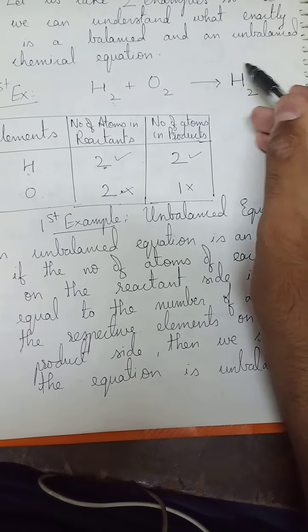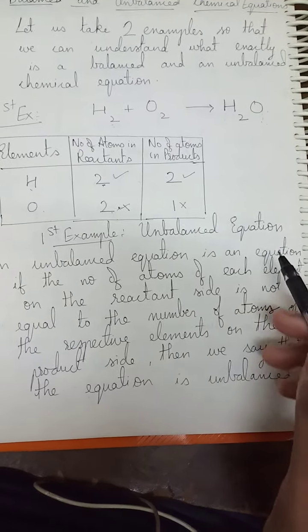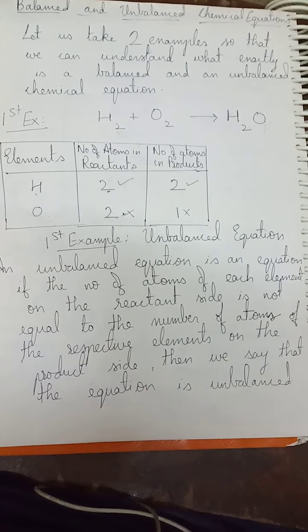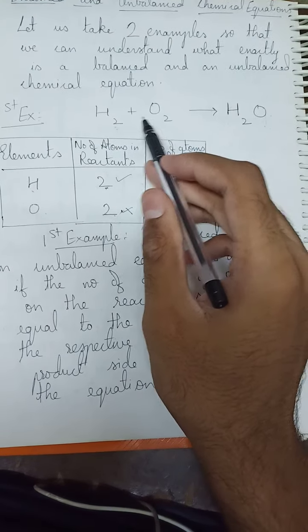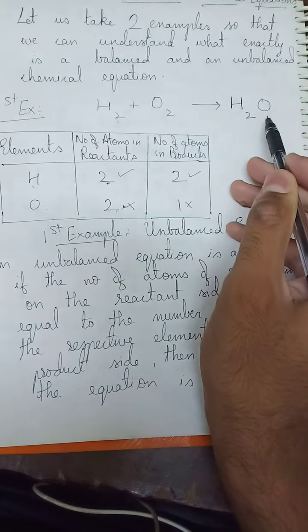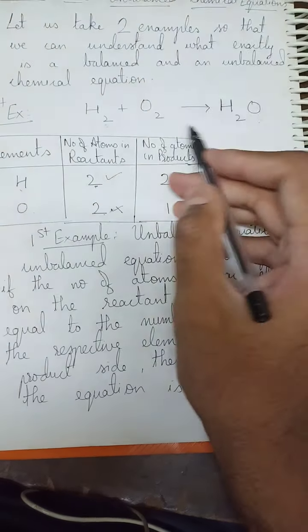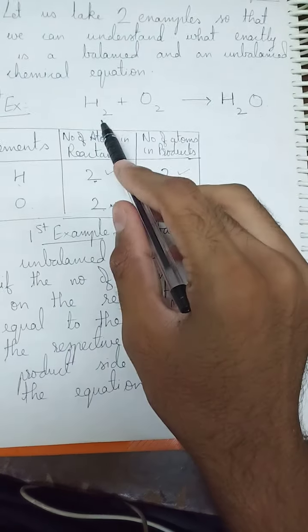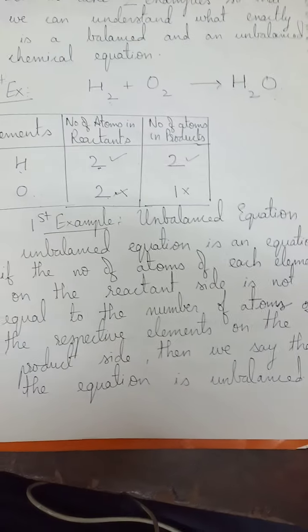Both together the product is a compound. H2O is water, it is a compound. So what they are saying about the unbalanced equation is that if the number of atoms on the reactant side is not equal to the number of atoms on the product side, then we call this an unbalanced equation. The hydrogens are balanced, but what about the oxygens? The oxygens are not balanced, hence we call this an unbalanced equation.